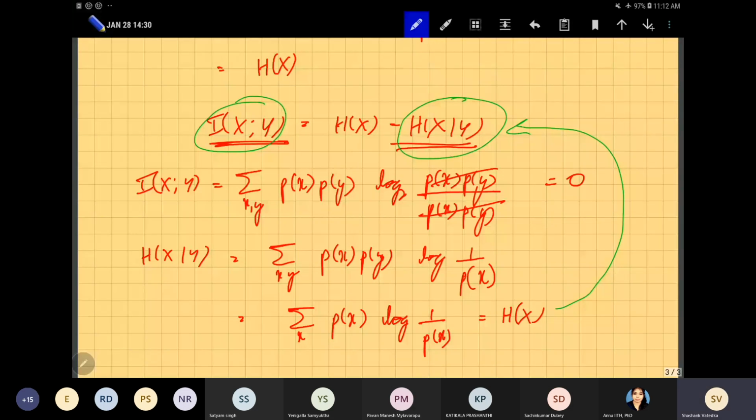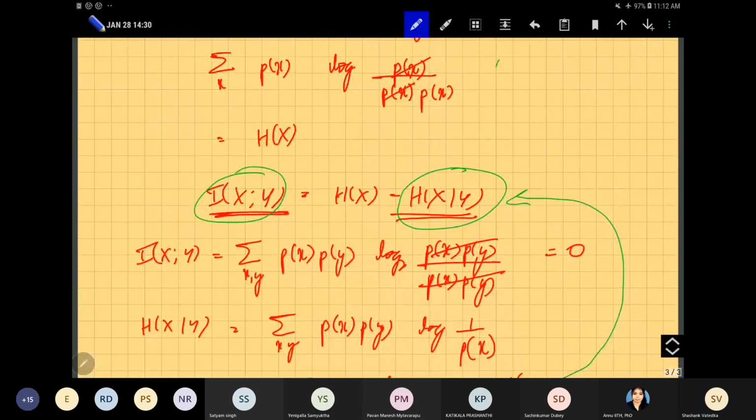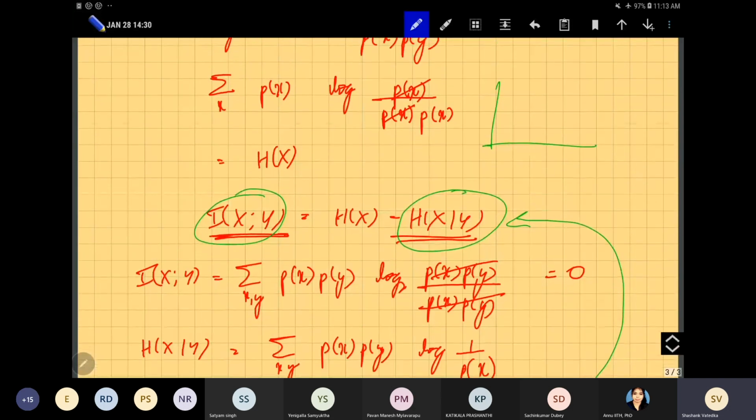If you choose any other distribution, then the mutual information will be in between 0 and H of x, and the conditional entropy will also be between 0 and H of x.